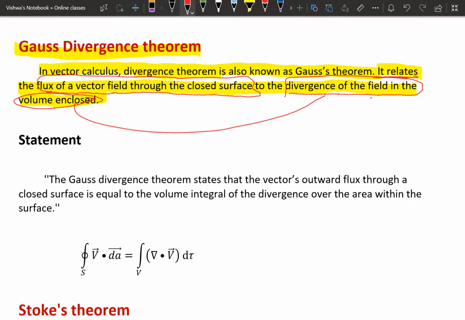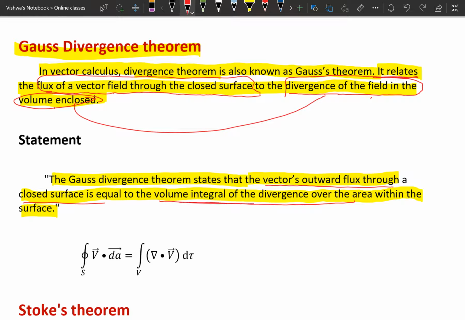So how to state this Gauss divergence theorem? The Gauss divergence theorem states that the vector's outward flux through a closed surface is equal to the volume integral of the divergence over the volume within the surface. Again, the statement itself: the vector's outward flux through a closed surface is equal to the volume integral of the divergence.